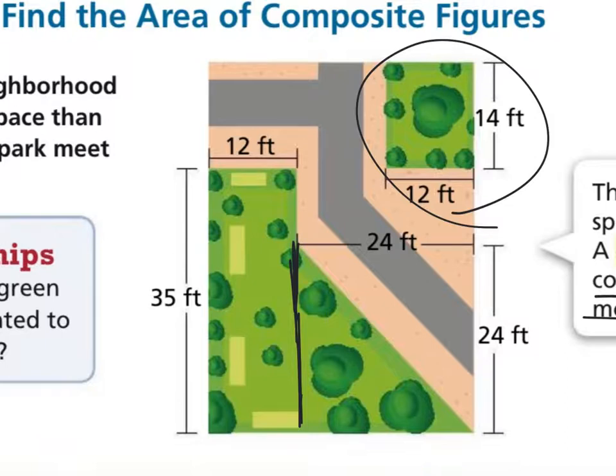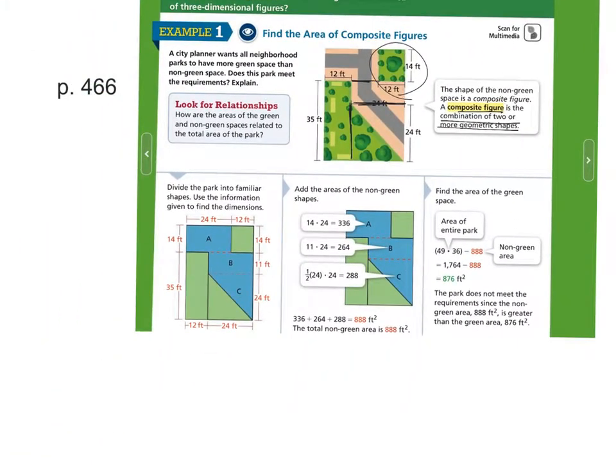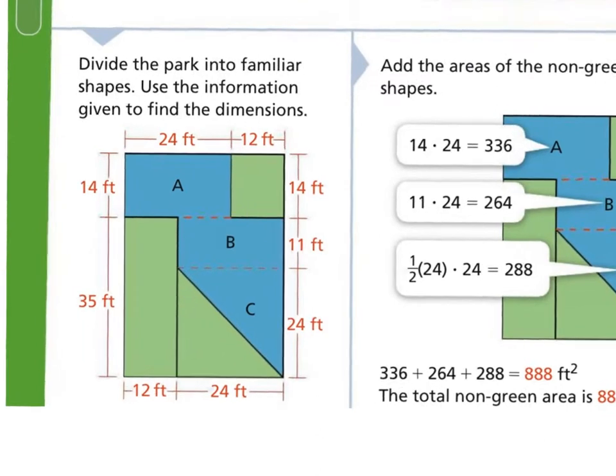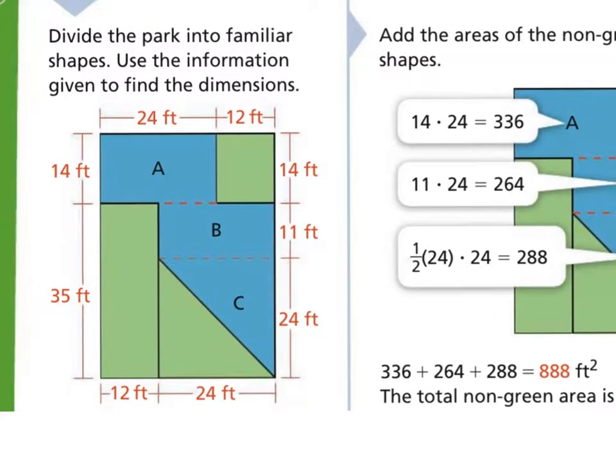On the non-green space, the book split it up as a rectangle, another rectangle, and a triangle. If you wanted to just do a rectangle and a trapezoid, that would be fine. But one way or the other, that's what we've got to do. We've got to split it up into the green space and the non-green space. We have to figure out the areas, and then we have to add those together.